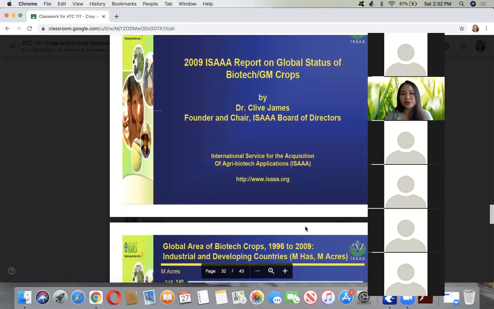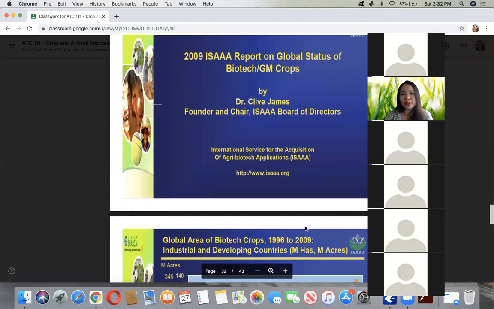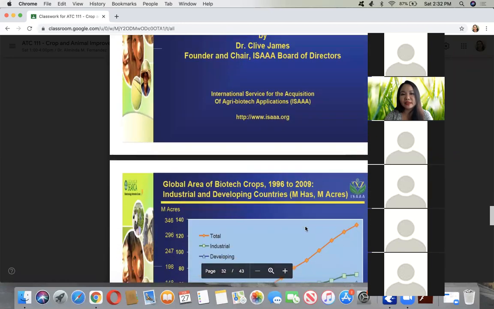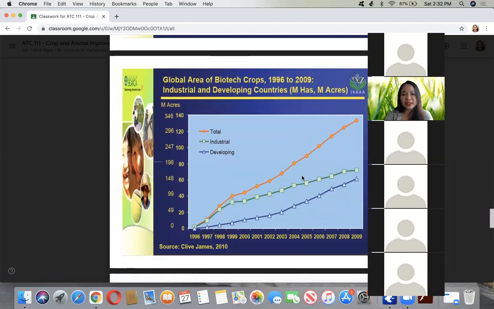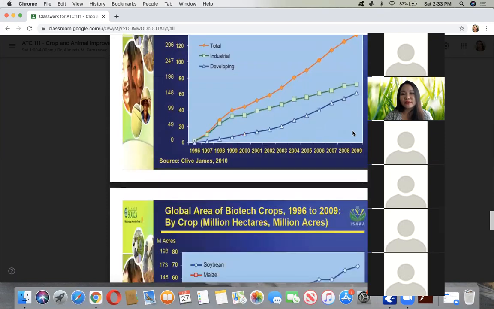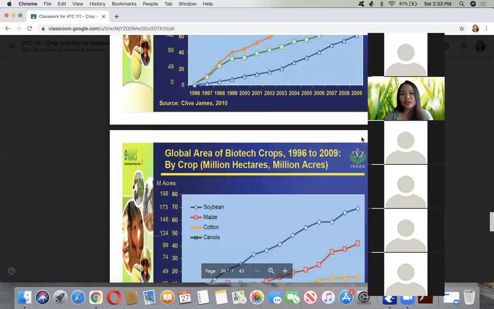So this is actually a report on the global status of biotech by Dr. Clive James, as of 2009. As you can see, it's been increasing in the industrial and developing countries from 1996 to 2009.